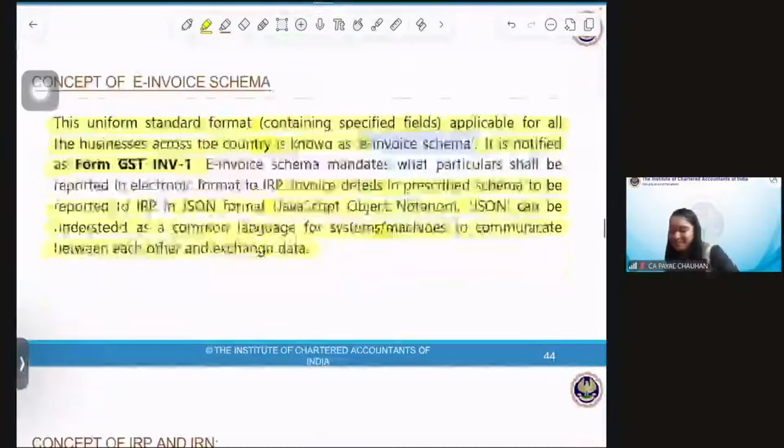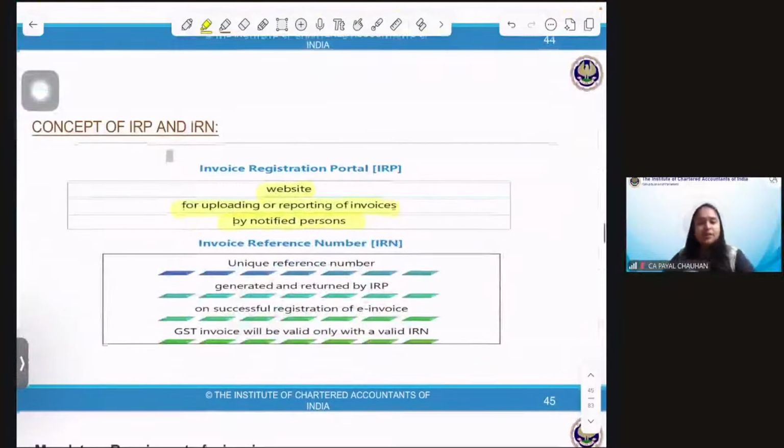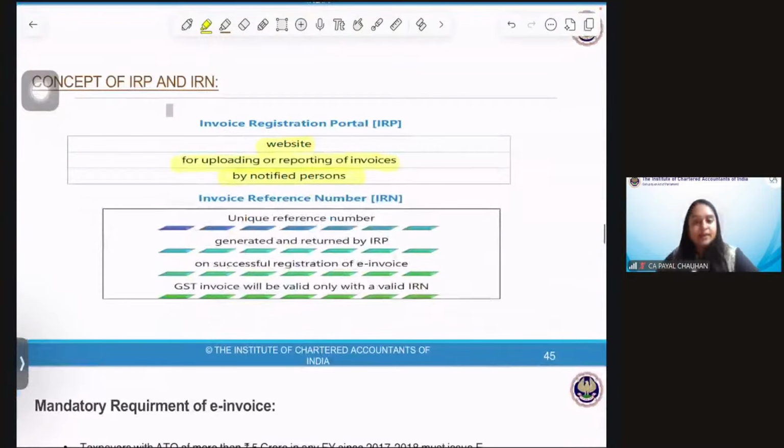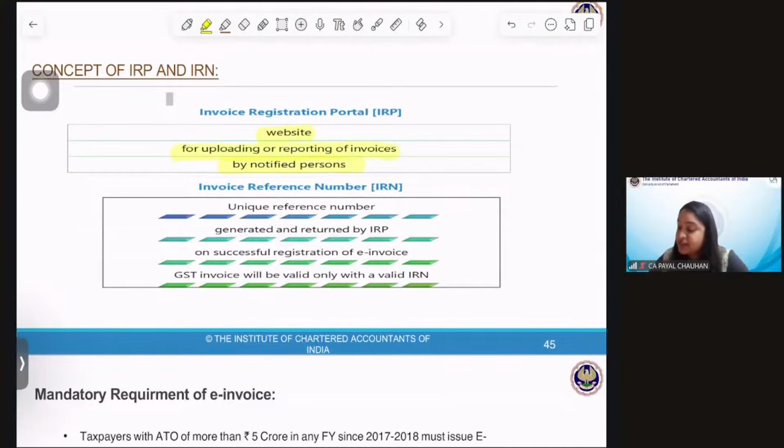Okay. Now, the concept of IRP we've already done, right? Now we have the invoice reference number. Do you remember? When I use the e-invoice schema, I'll update the mandatory information of my invoice which is required.